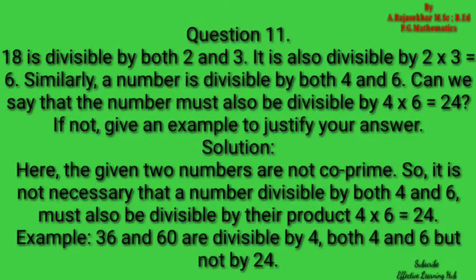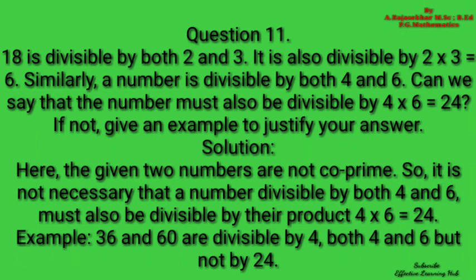Next question. 18 is divisible by both 2 and 3. Yes, it is also divisible by 2 into 3 equal to 6. Similarly, a number is divisible by both 4 and 6. Can we say that the number must also be divisible by 4 into 6, that is 24? If not, give an example to justify your answer.